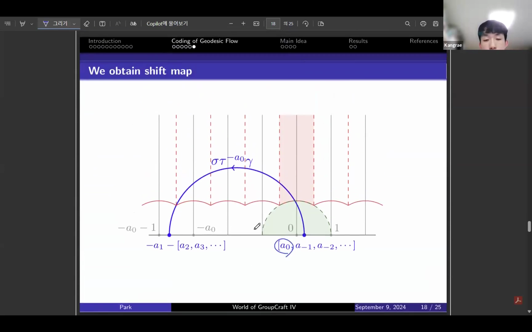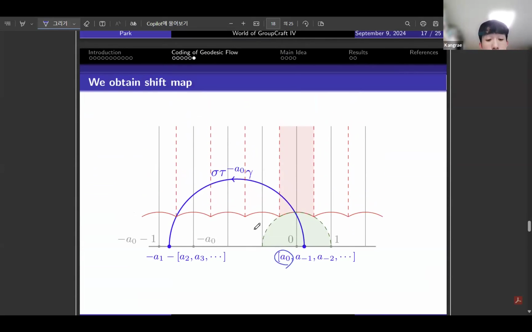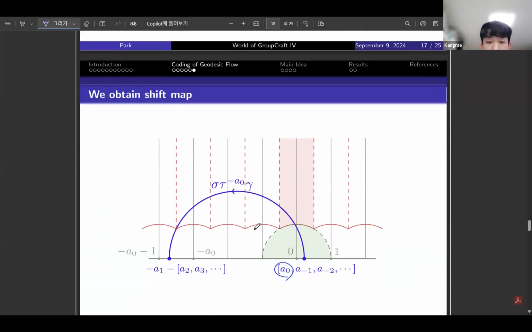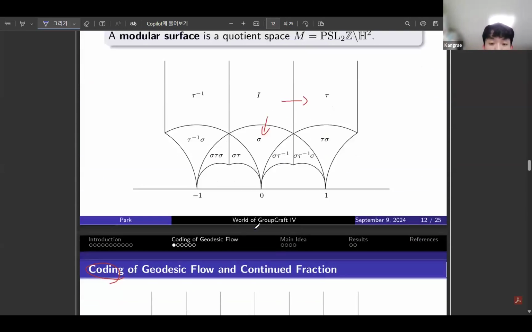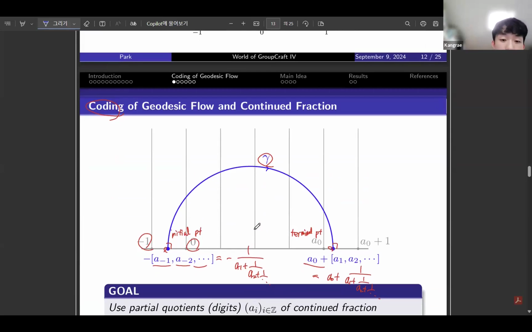So what we have seen so far, please look at the original version here. The initial point is [a_{-1}, a_{-2}, and so on], and the terminal point is [a_0, a_1, a_2, and so on].